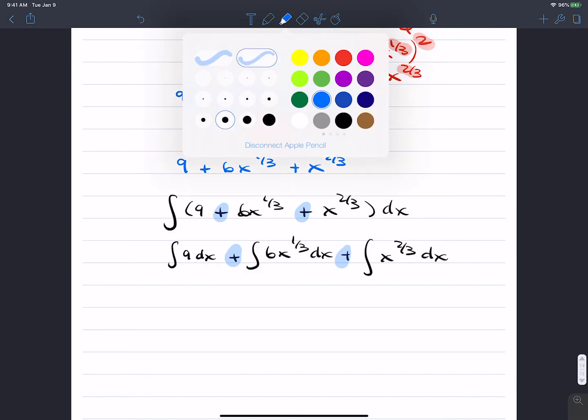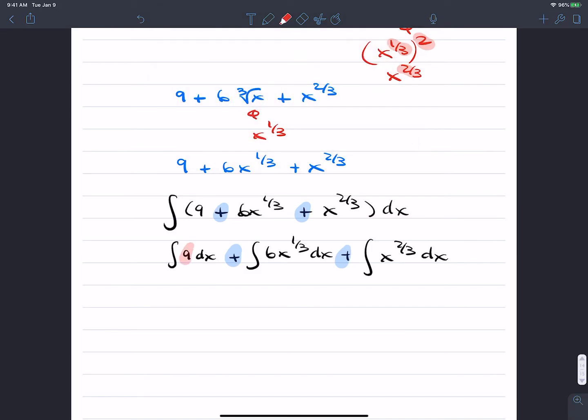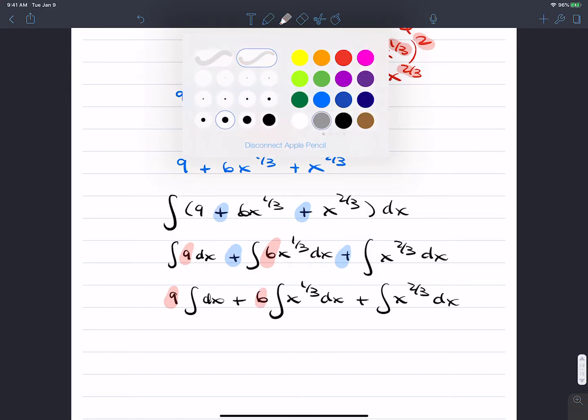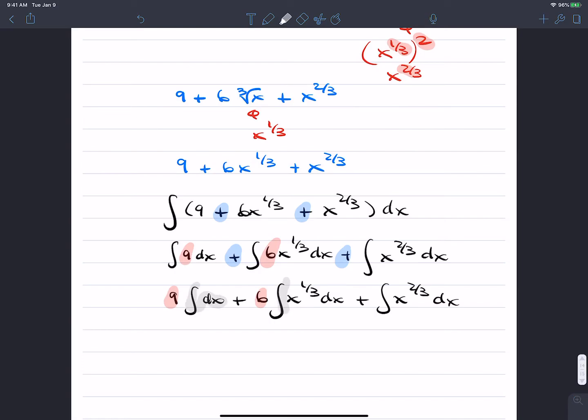And then we pull out our constants, wherever there's a constant. So here's our constants, 9 and 6. So what's left is to integrate here, here, and here. Don't forget we have our sums here.